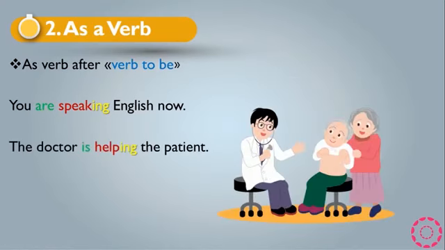Another example that we have: The doctor is helping the patients. Also we have is. You have to know that when we are using is, are, or am, that is something you have to know before. And we have helping after the verb to be, so helping here functions as a verb.